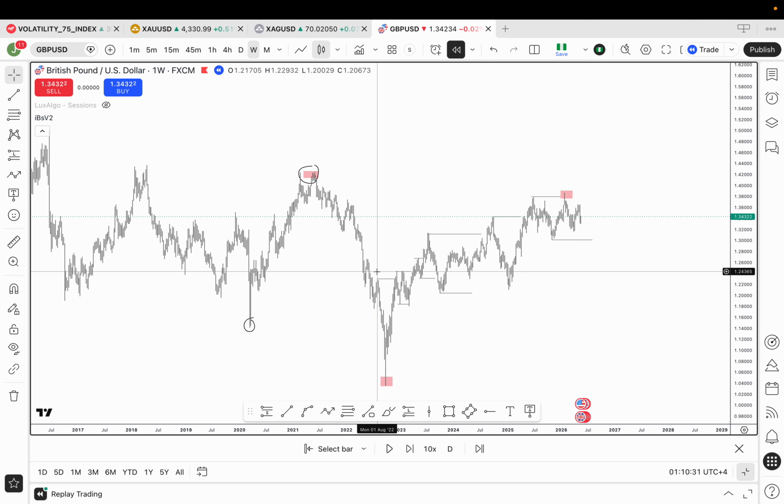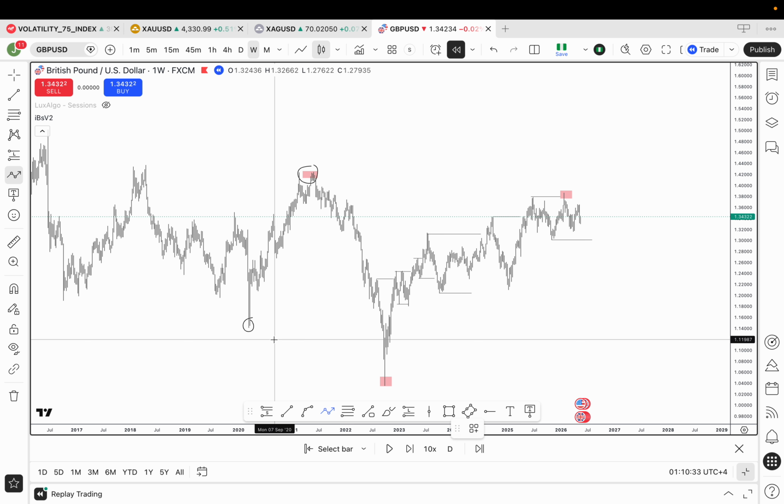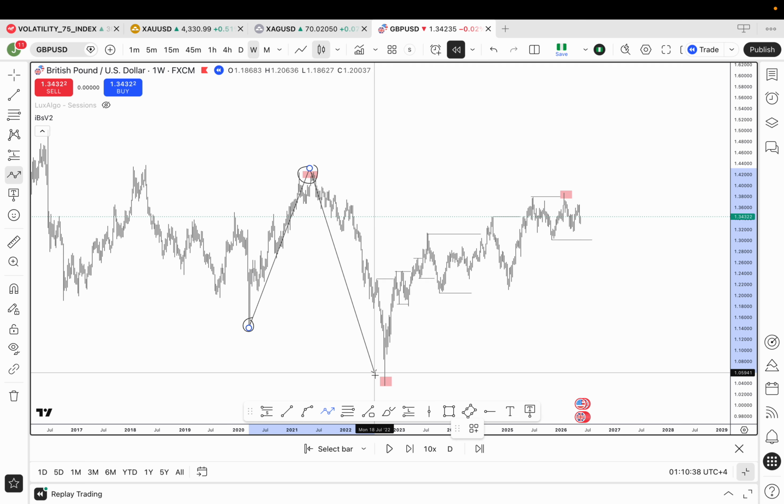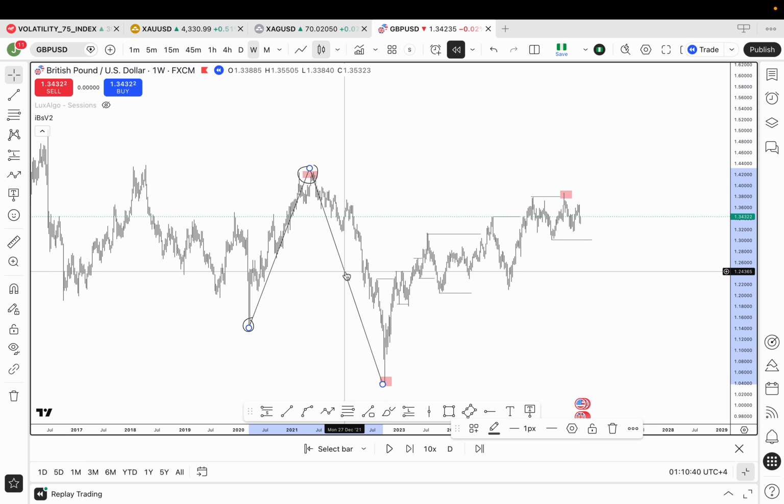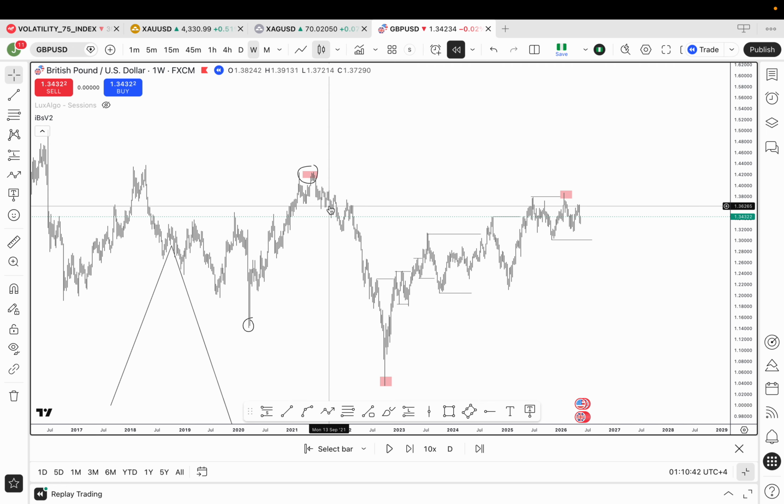So if you look at this, from this low to this high, this is one push and this is one push, okay? But then internally we still have structures, because one thing about the market is it will not move in just a straight line like this. It will do what? Form a structure inside.